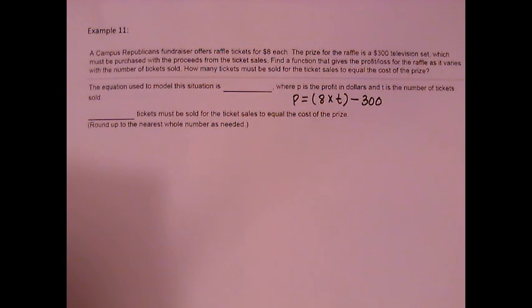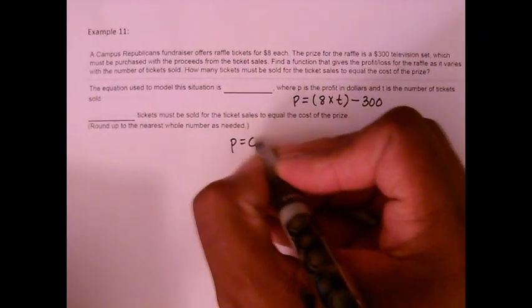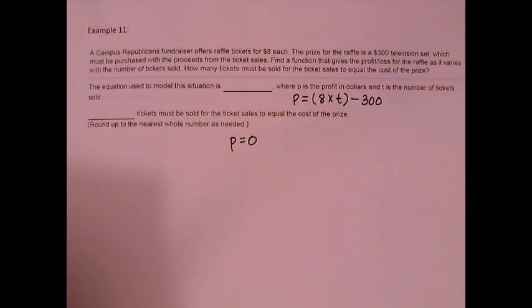And then we want to find out how many tickets must be sold for the ticket sales to equal the cost of the prize. In other words, we want our profit to be 0. Because P is the profit in dollars, the profit has to be 0 if the ticket sales equal the cost of the prize.